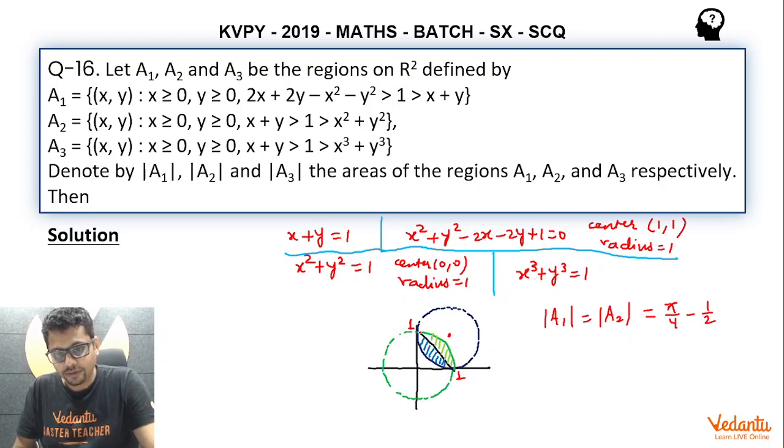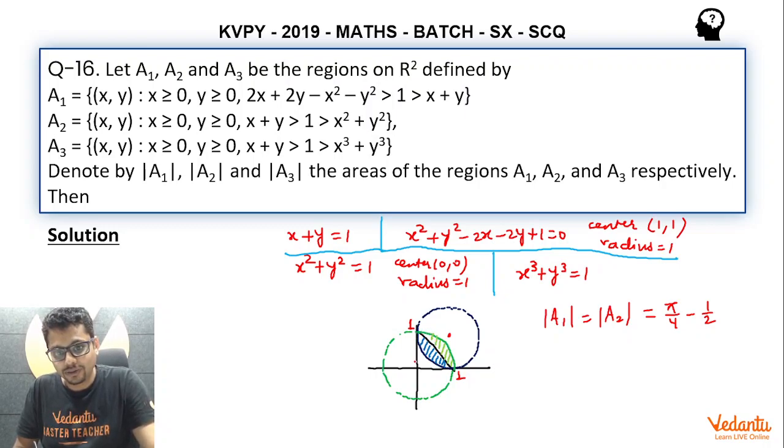Because if you see carefully, this chord, x plus y equal to 1, subtends 90 degrees at the centers of these two circles respectively, and both circles are of radius 1. So the area of these segments would be the same in both cases, isn't it? Or you may just solve it this way.